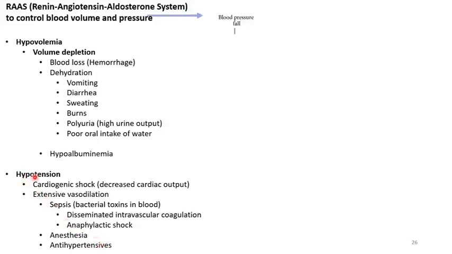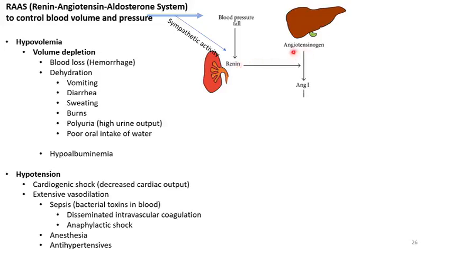Anyway, any factor that leads to reduction of blood pressure will lead to activation of the sympathetic nervous system, and also directly and indirectly by way of sympathetic innervation will lead to release of renin from the kidney cells. Renin is an enzyme that converts angiotensinogen, which is released from the liver.